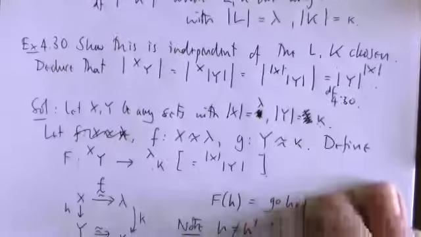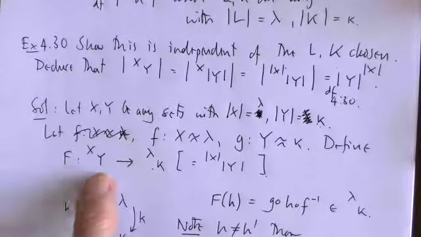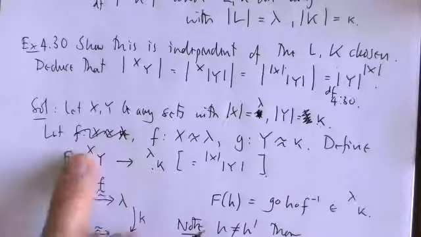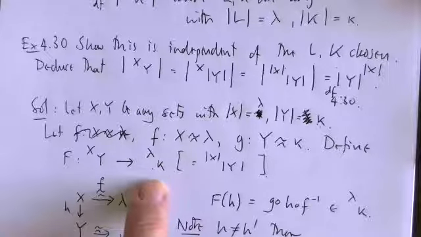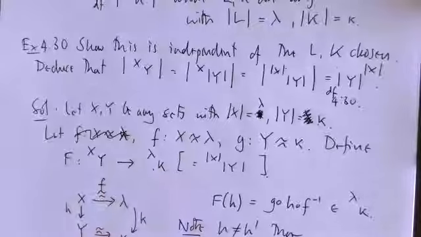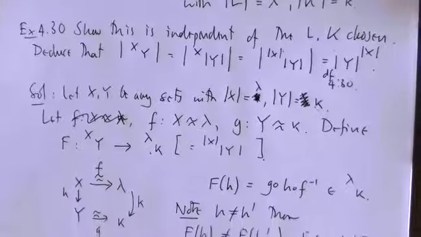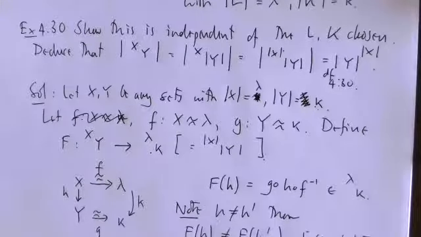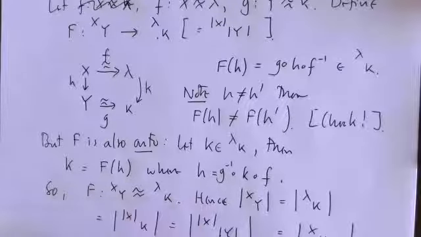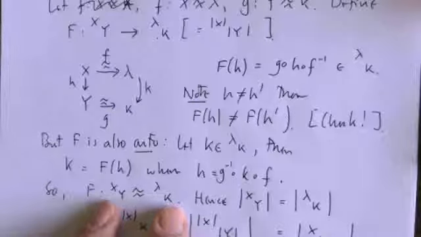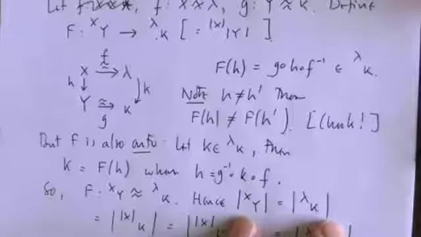And I showed that there was this map from the collection of functions from X to Y into the functions from lambda into kappa, right? This bijection here. So this is what happens in general. If you find that two sets are bijective, then you can immediately write down something in terms of cardinalities right here.